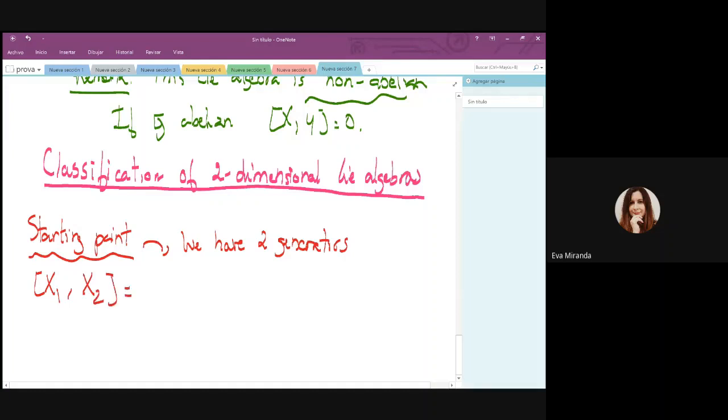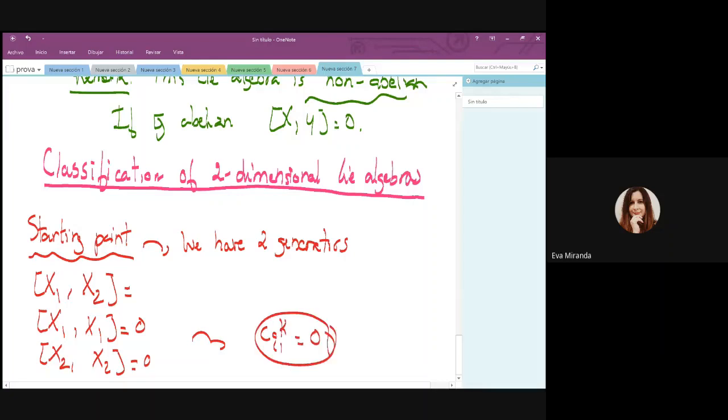What is clear is that if I have an element with itself, the bracket is going to be 0. Therefore, you can read that [x_i, x_i] is always 0. That's nothing new.